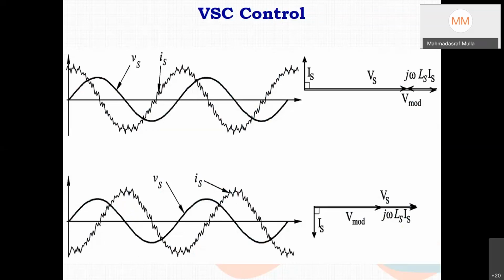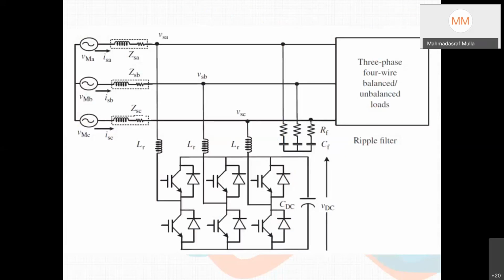Now how can I generate lagging current and leading current? The inductor is the medium. One end of this inductor is connected rigidly with the supply system, and the other end through these IGBTs. Assuming VDC is constant, with a fixed DC voltage we can generate some AC voltage here. The magnitude of the AC voltage we generate at the other end of this reactor can make this current lagging or leading.